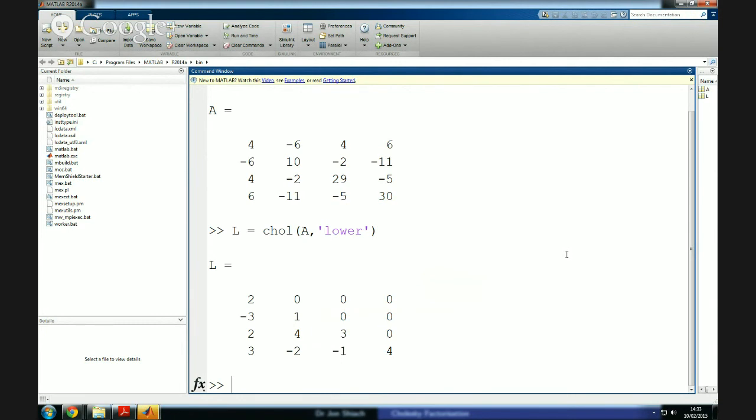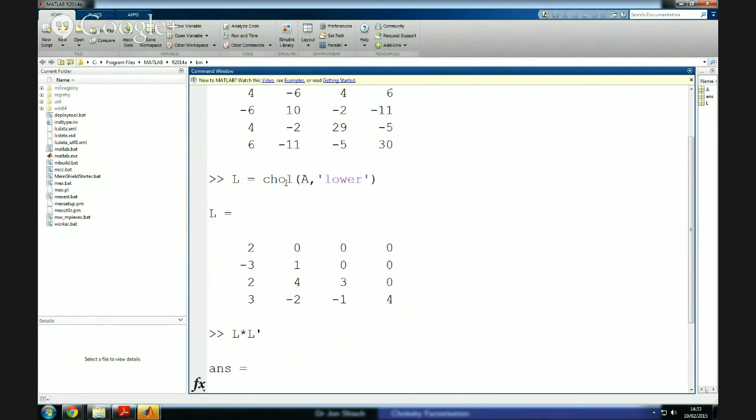MATLAB uses the Cholesky Crout algorithm, and that's what that's calculated as. So if we calculate L times L transpose, and press the enter key, you can see we've got back to our original matrix A. So that command there was just Chol for Cholesky.